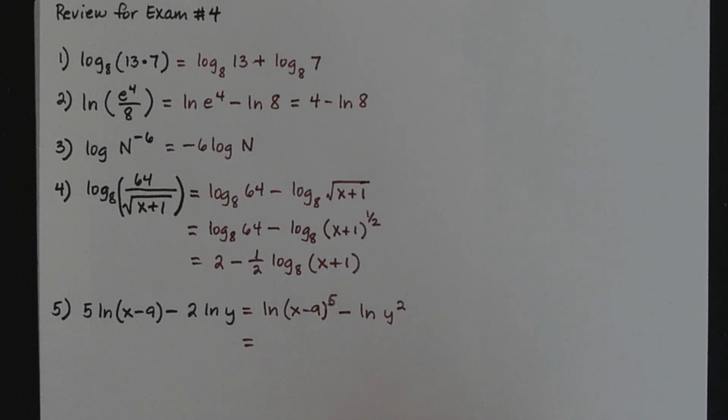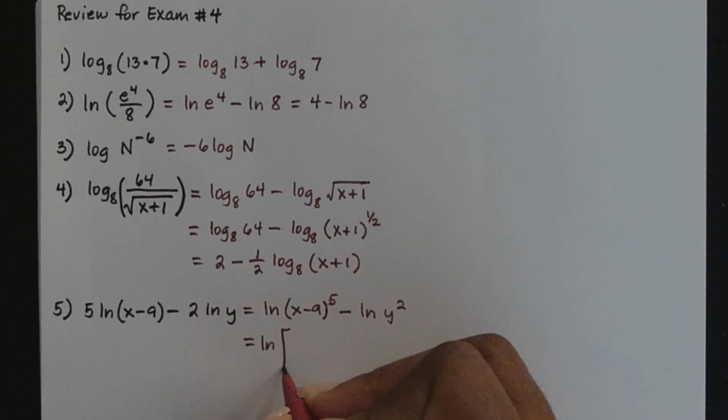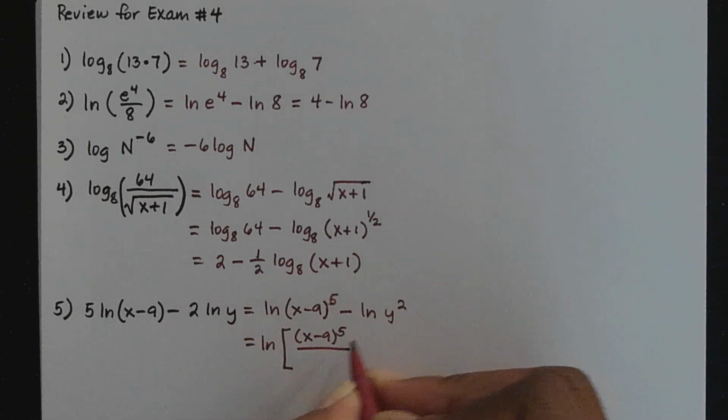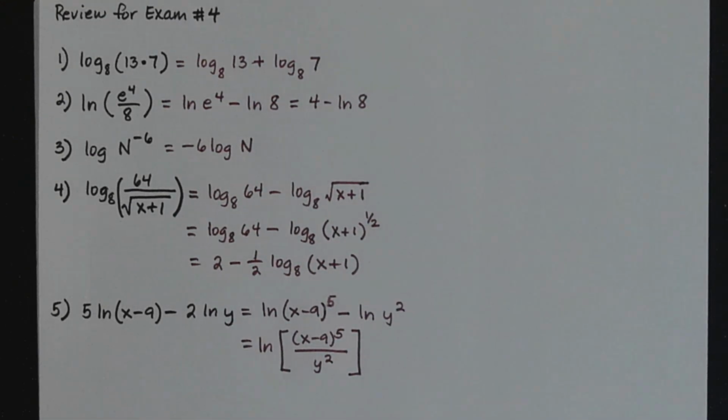I can condense that by using the log of the quotient. So this will be the natural log of x minus 9 raised to the 5th in the numerator. The y squared goes in the denominator. So 5 times the natural log of the quantity x minus 9 minus 2 ln of y condenses as the natural log of x minus 9, and that quantity is to the 5th power, divided by y squared. Okay. Are there any questions about problem number 5?